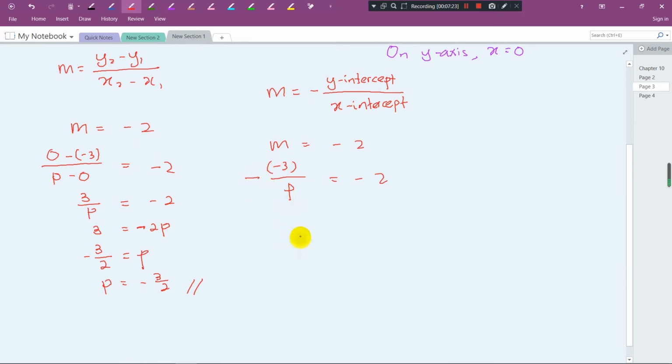So negative, negative, you get positive. 3 over p is -2. And here exactly the same thing. If you want to do it faster, p you move up, -2 you go down. You get the answer. p is equal to -3/2.